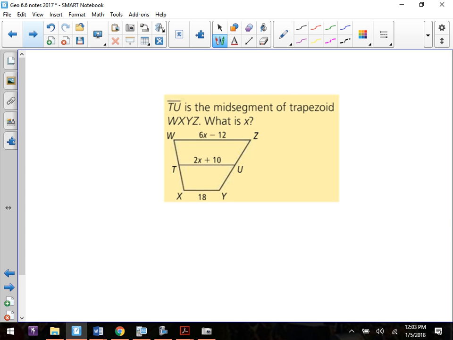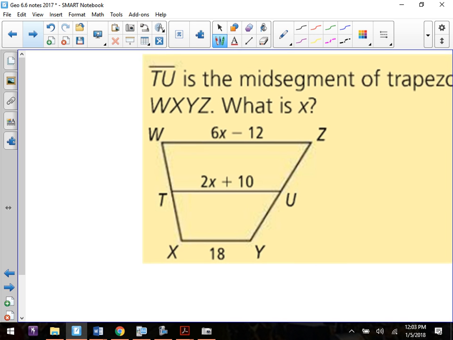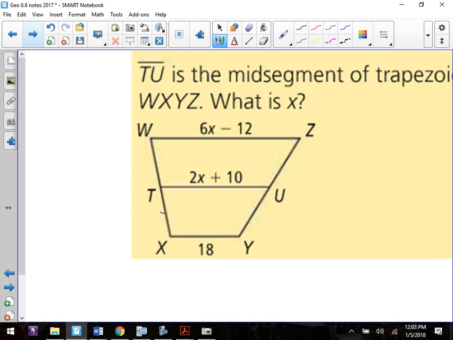All right, you do this one. That's a mid segment again. Take a second. Figure out what W, Z, and TU are. It says solve for X, but I want you to find the segments as well. Please.